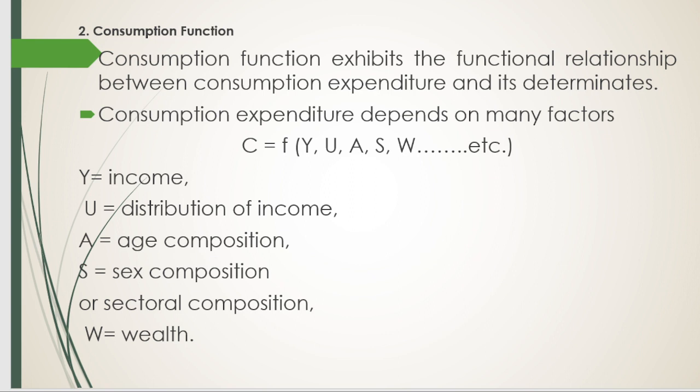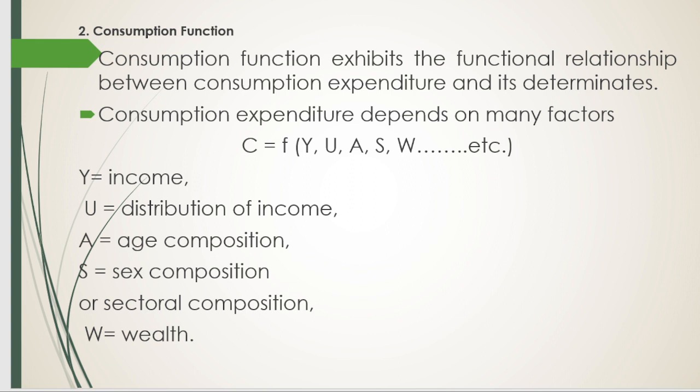That also impacts consumption expenditure. Then age composition also impacts consumption expenditure, whether the number of old people in the economy is larger, or the number of children, or the number of youth is high. Age composition also affects the level of consumption expenditure.